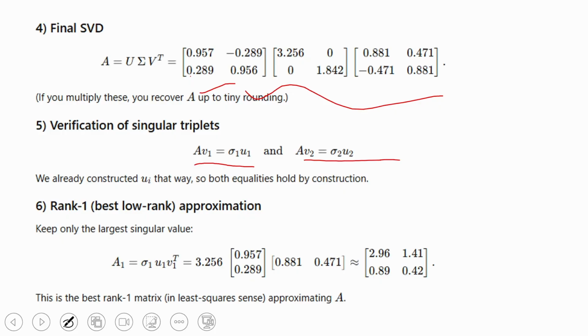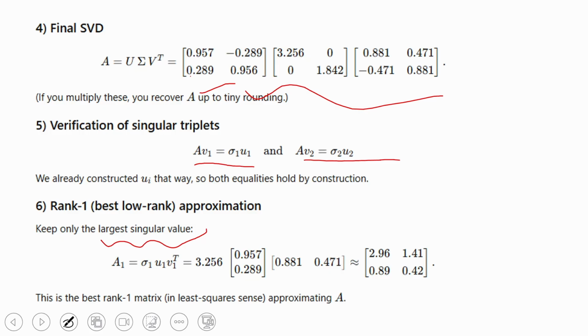In some cases, you need to get the rank 1 approximation. Rank 1 means you have to keep only one singular value, that is, the largest singular value. Rank 2 means you have to choose two singular values.